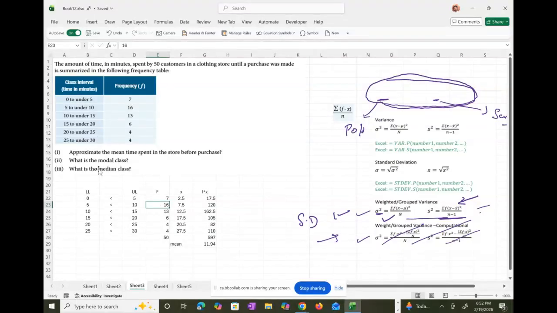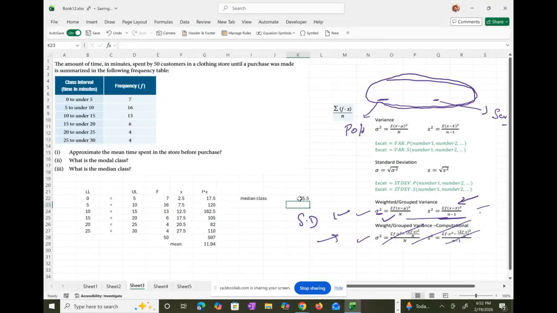All right. So what is the median class? Median means the middle class. So total frequency is 50. To find the median class, first of all, same process, I'm going to use n plus 1 divided by 2, equal to 50 plus 1 divided by 2.